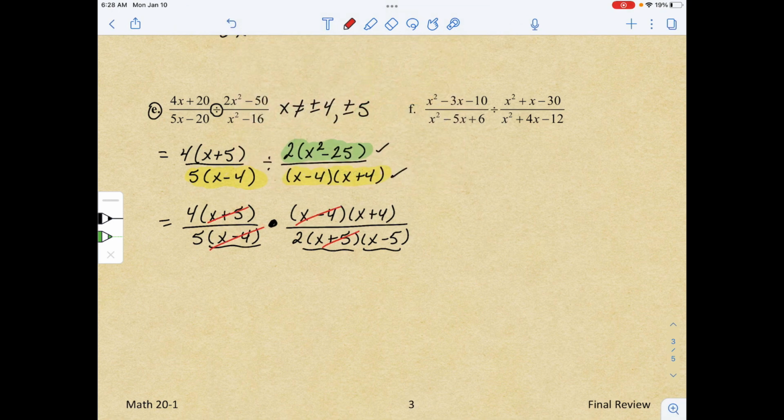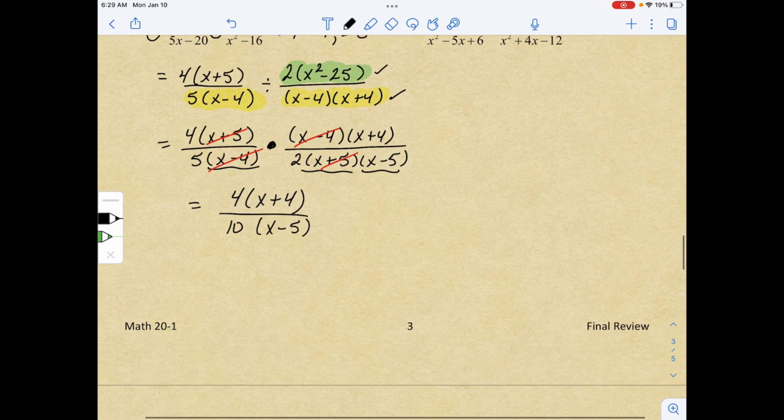Okay, so now we're going to get out our red pen, and we're going to cancel those common factors. All right, and we end up here with 4 times x plus 4 over 5 times 2, which is 10. I guess we can simplify that after if we want. We could have simplified that earlier, right?